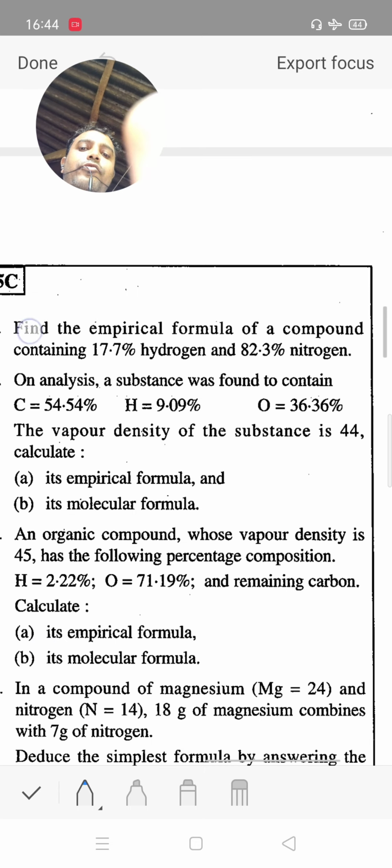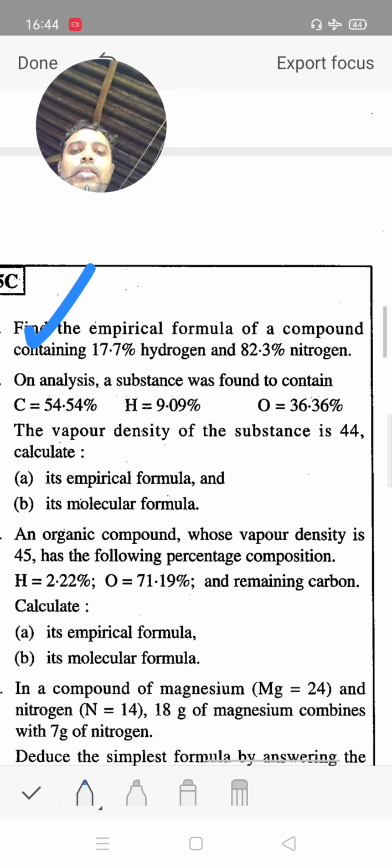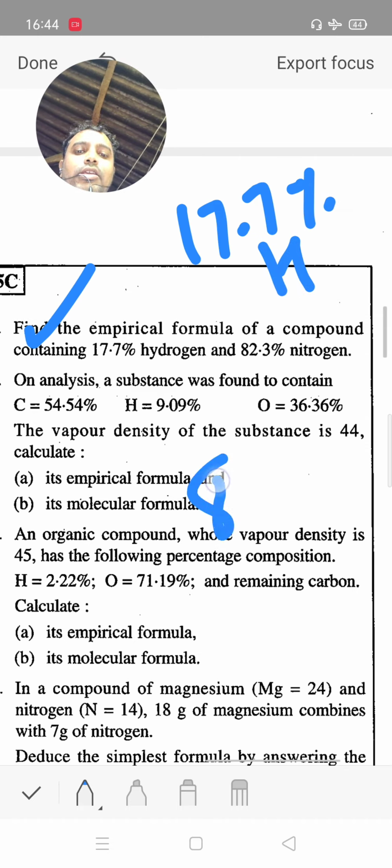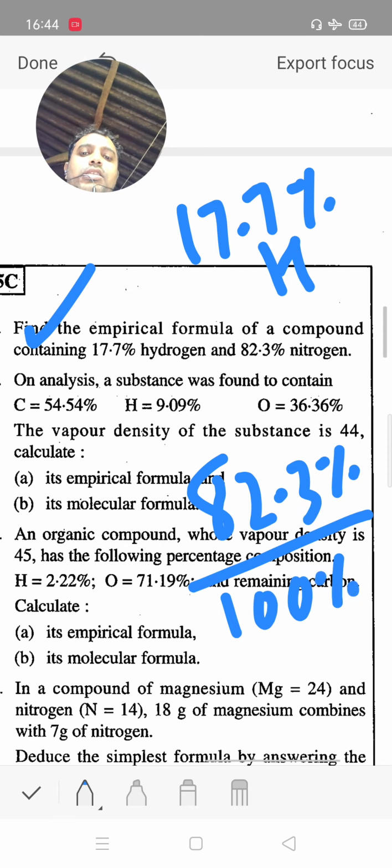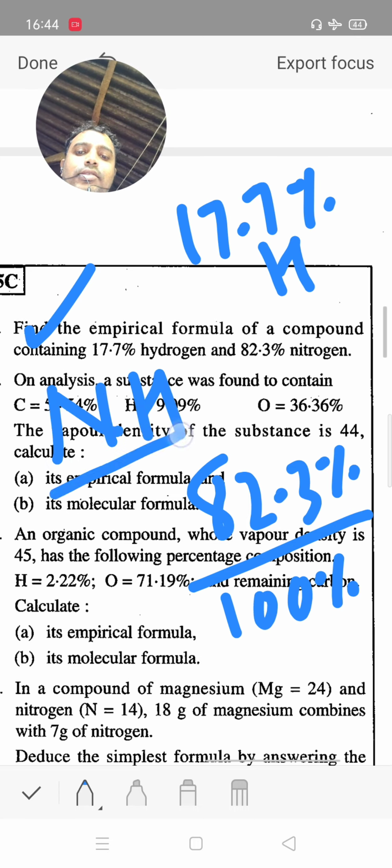Now we find the empirical formula of the following compound. There are 17.7% of hydrogen and 82.3% of nitrogen. Their percentage total is 100%, therefore this compound has only nitrogen and hydrogen.